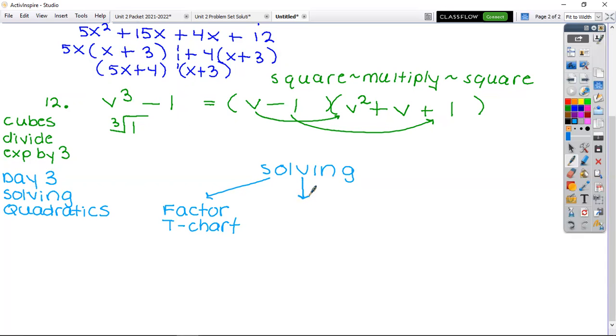What procedure did we do after factoring? Completing the square. Yep. Completing the square is very lengthy. So again, you don't really want to do it unless you absolutely have to. The third one that we're not going to get into till tomorrow, but it will be an option, is called your quadratic formula.